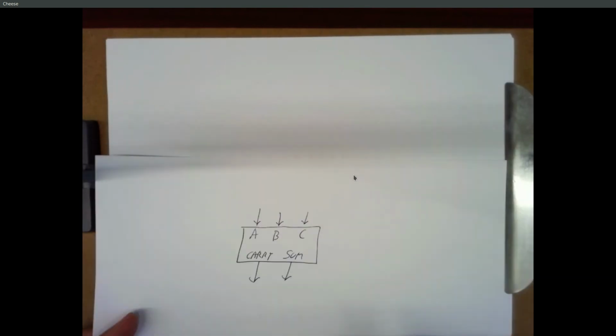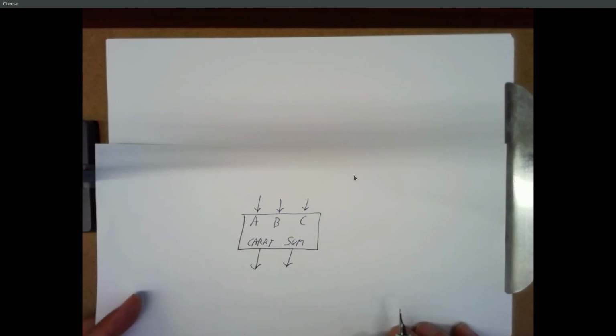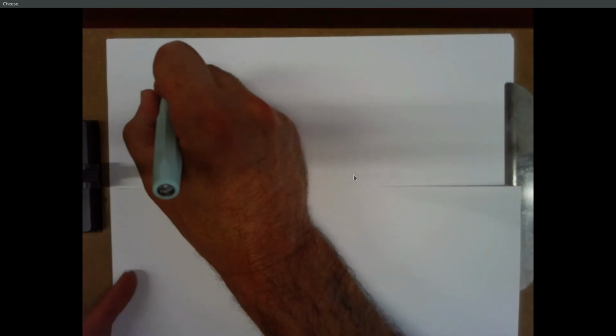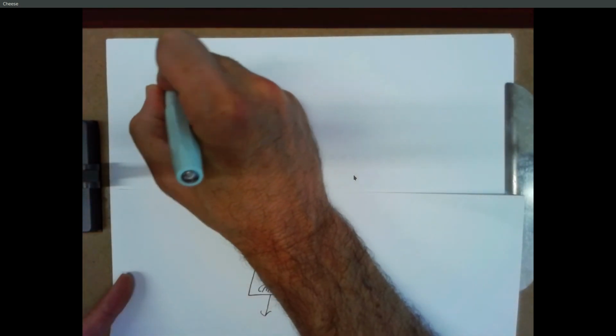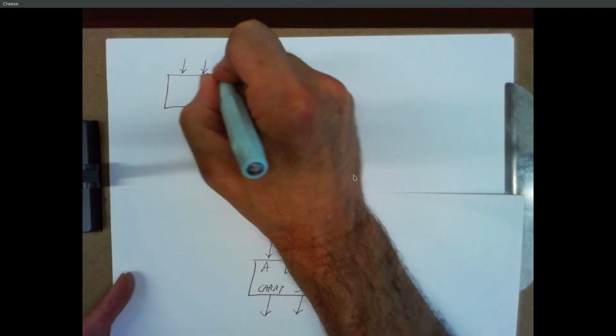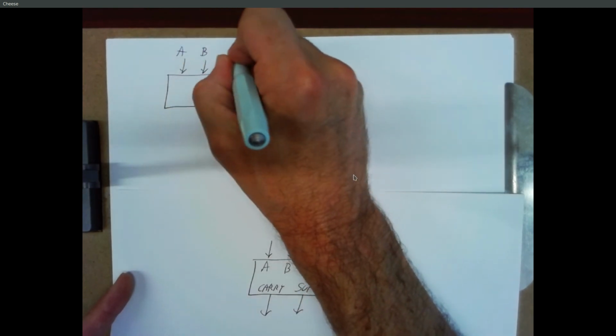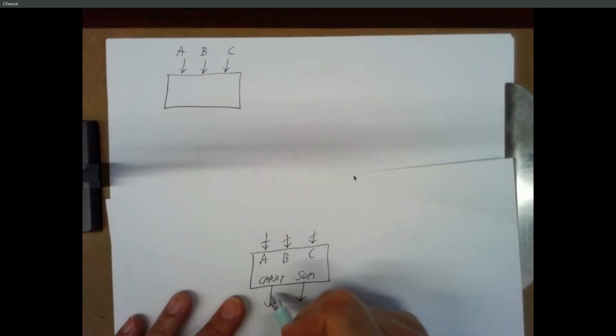So suppose you have 6 numbers you want to add together, A, B, C, D, E, F. All right, here's what we can do. Take 3 of your numbers, put them into your full adder, and again, think of these as buses, so these are, say, 16 bits each.